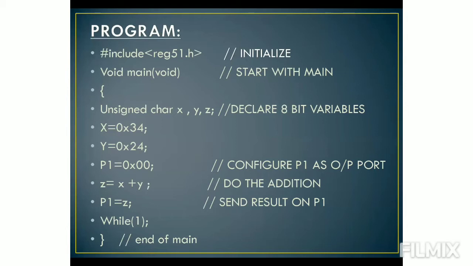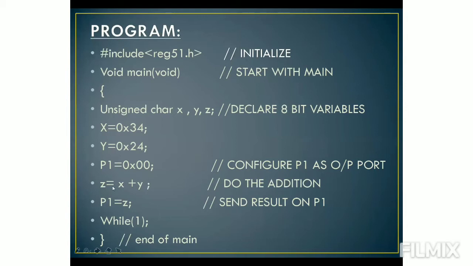Now we have to configure P1 as an output port. So for this purpose we have to use P1 is equal to 0 hex 00 semicolon. This indicates configuration of P1 as an output port.